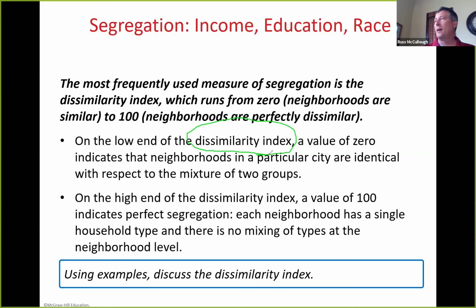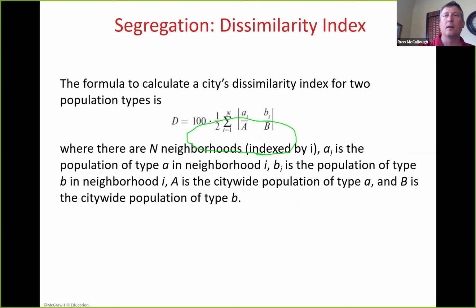Okay. All right. So the formula ends up being a value of 100 for perfect segregation and 0 for perfect integration. So here's the formula where it gets a little bit weird.